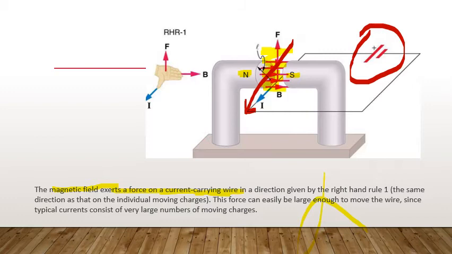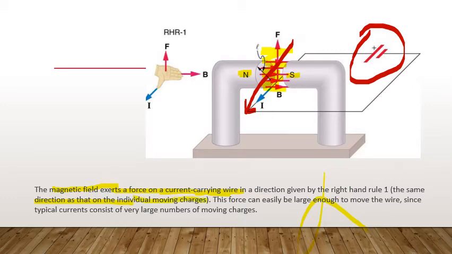Now if you want to calculate the force on this current carrying wire, it can be calculated using the right hand rule. The right hand rule is the same as we have discussed for individual moving charges.